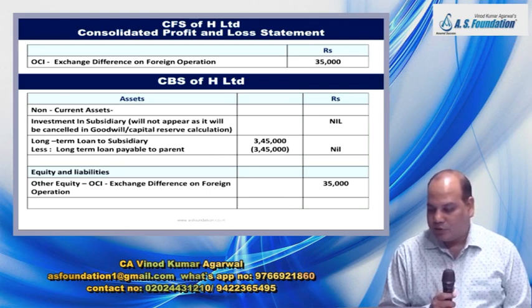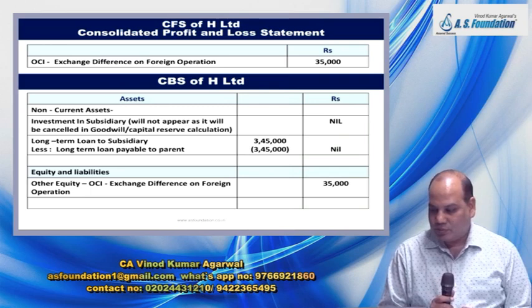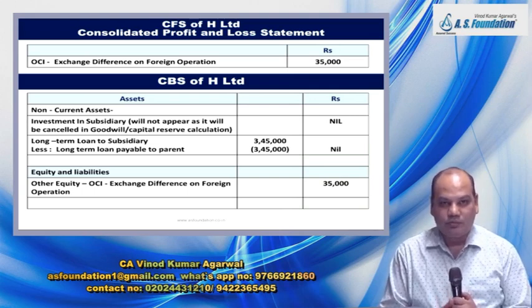Next line, CBS of H Limited. Now how in CBS will it appear? First write non-current asset. Under that write investment in subsidiary.